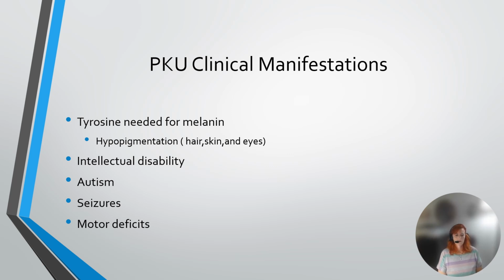And then these children, these infants, newborns will have hypopigmentation with the hair, skin, eyes because they're not making that melanin, all right? You're also going to have an intellectual disability, autism, seizures, some motor deficits, severe ones. Okay, and then again, there's going to be some feeding difficulties because they're not breaking down and they're building up toxins.